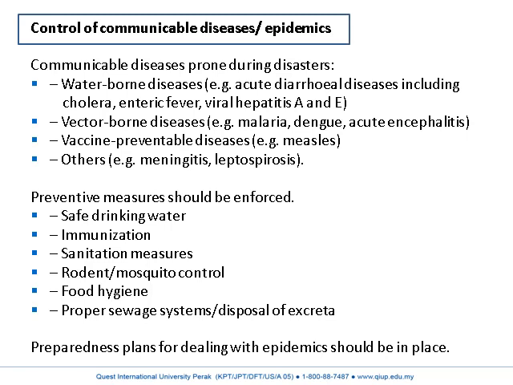Then vaccine preventable diseases like mumps and measles. Others like meningitis, because overcrowding can lead to meningococcal meningitis. Leptospirosis, because at the time of disaster the rat population increases and moves, which can lead to leptospirosis.